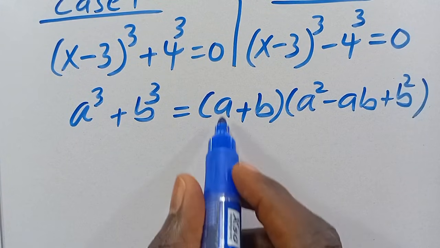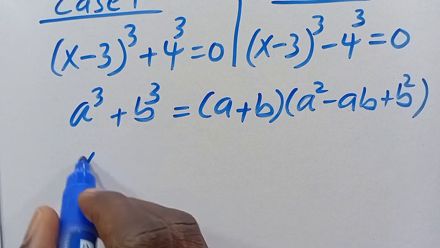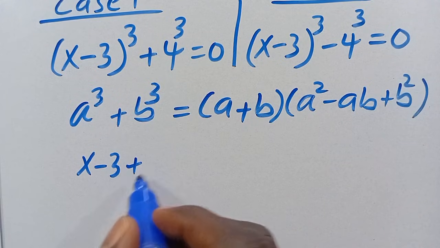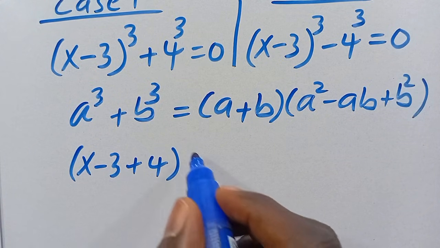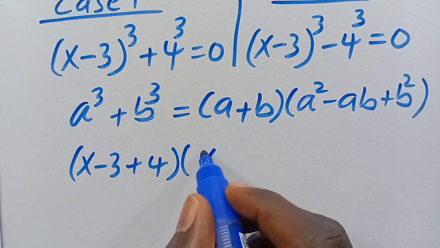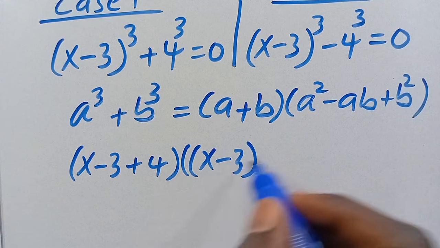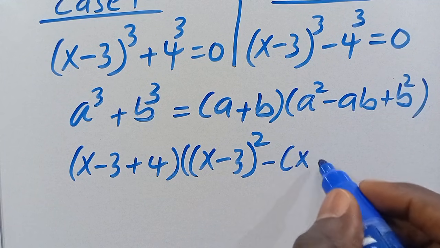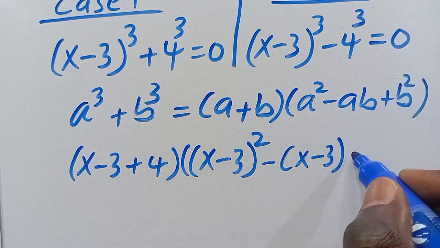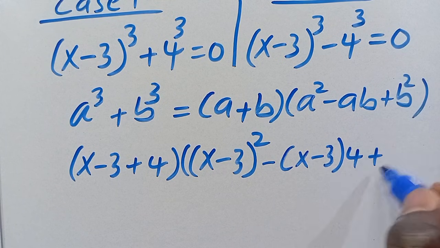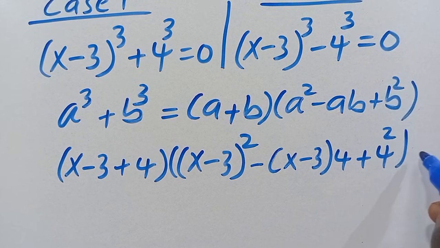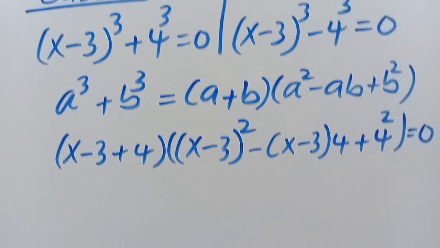So we're going to have our a to be x - 3, our b to be 4. We have it as this: (x - 3)^2, then a is again x - 3, then b is 4, b square will be 4 square. Then we still have everything equal to 0.